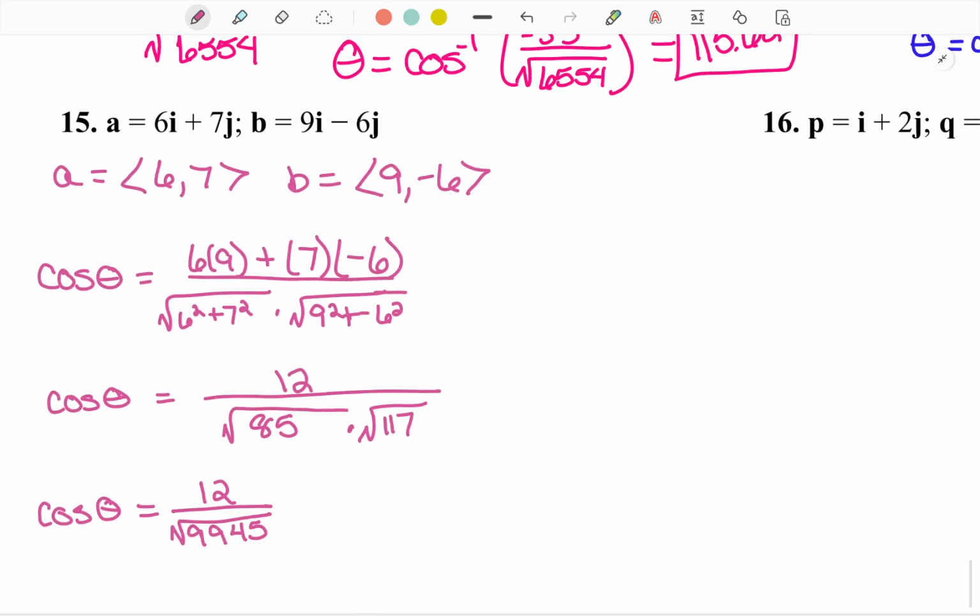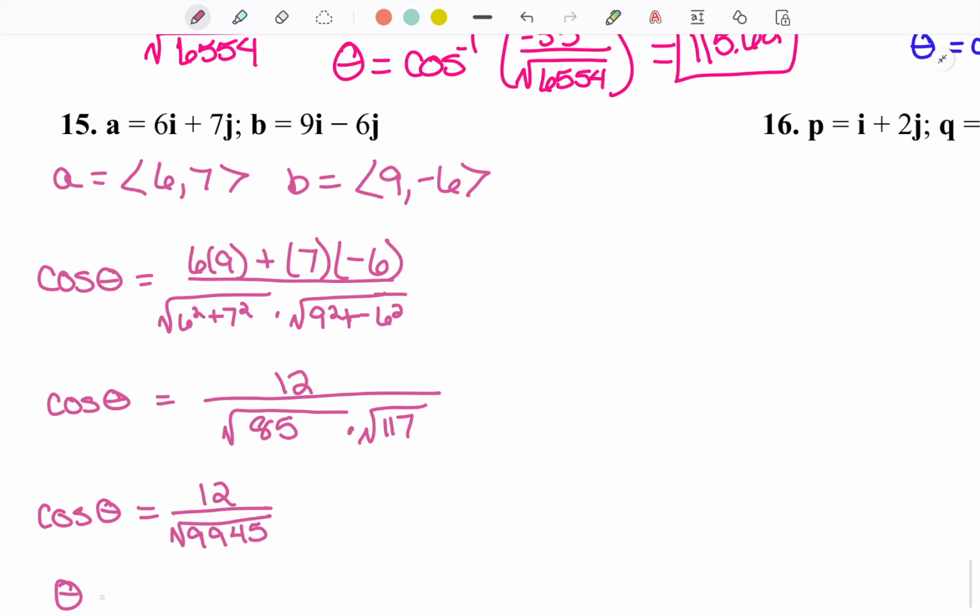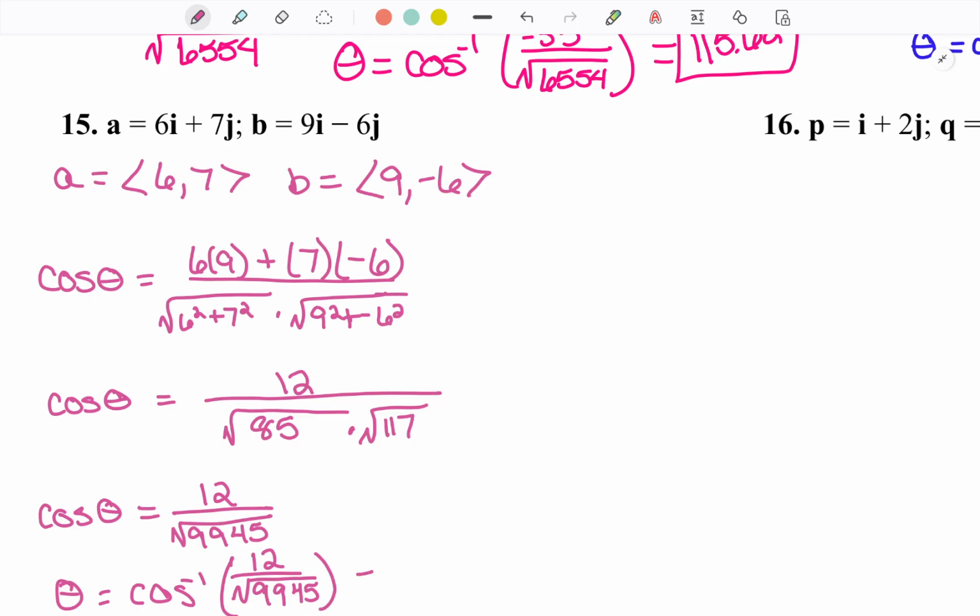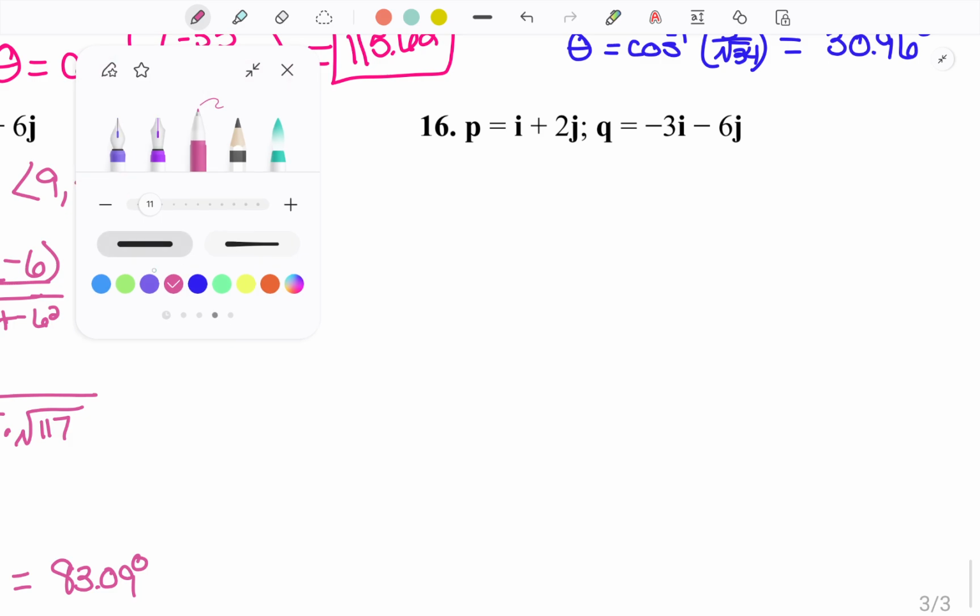And I would go ahead and just move that to theta equals the arc cosine of 12 over that lovely radical. See, it's not letting me write it. Here we go, which should give us 83.09 degrees.